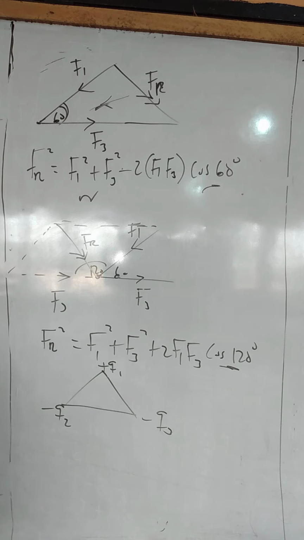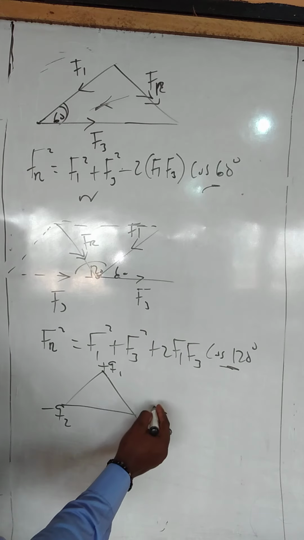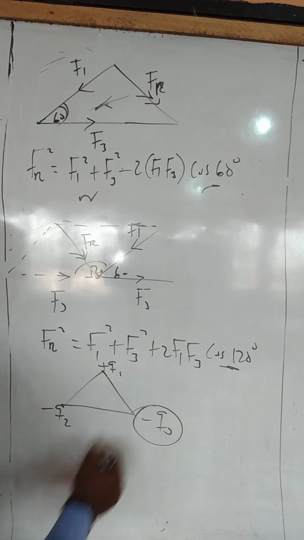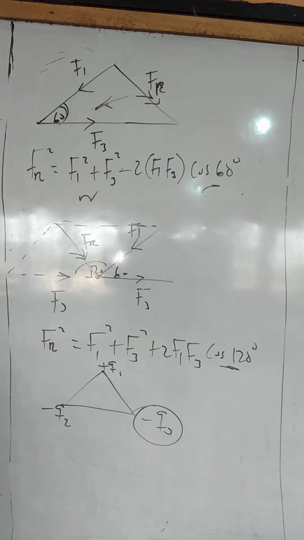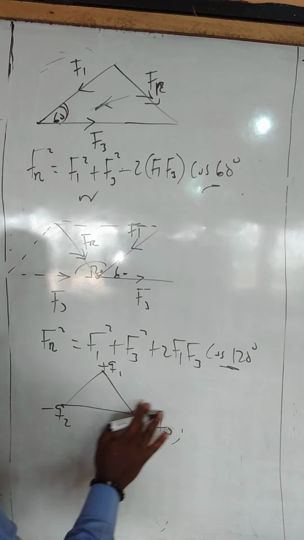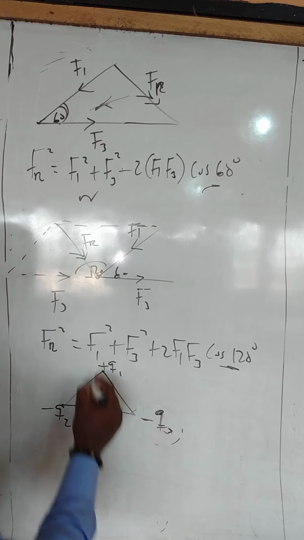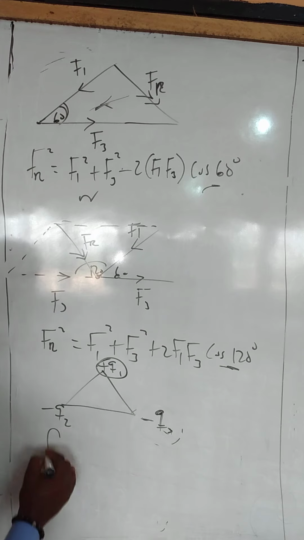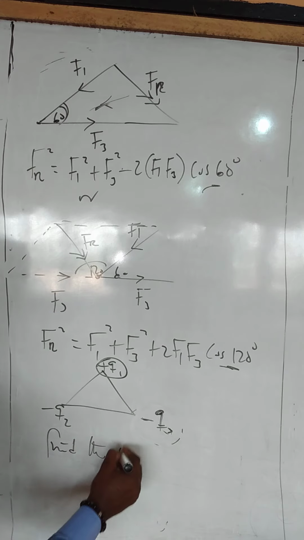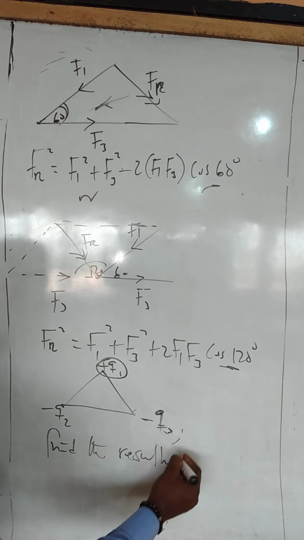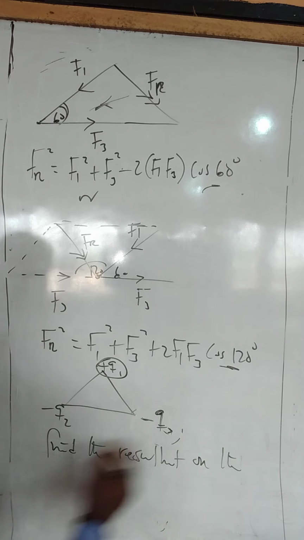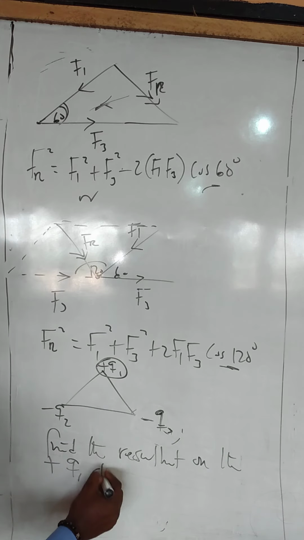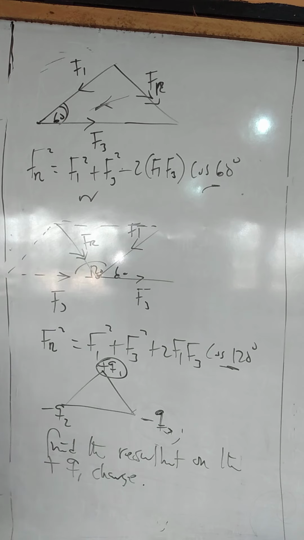And then you are asked to find the resultant on the positive Q1 charge. I think we can do it this way. All right, so for something like this is how you can go about it.